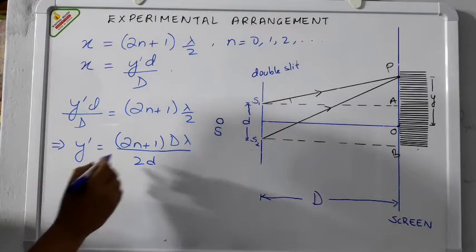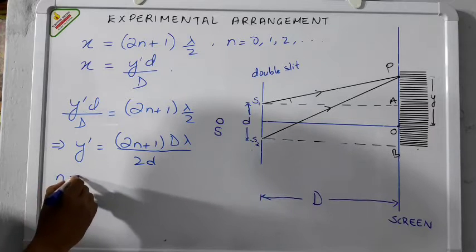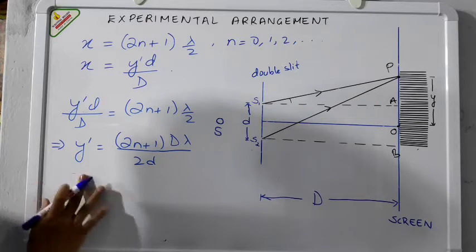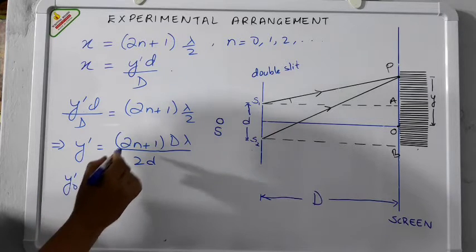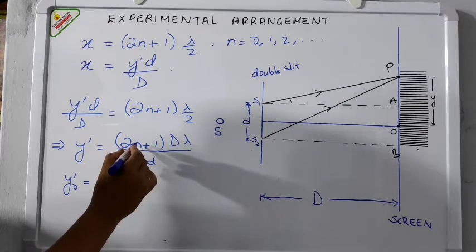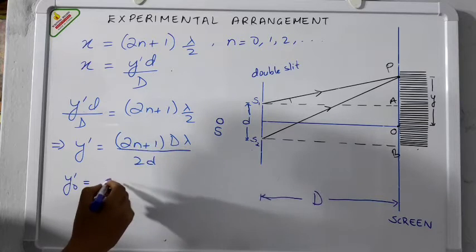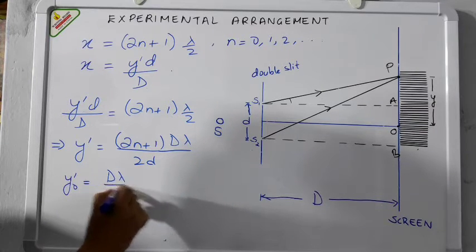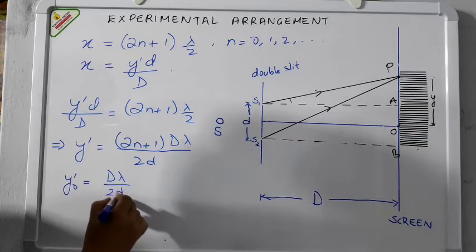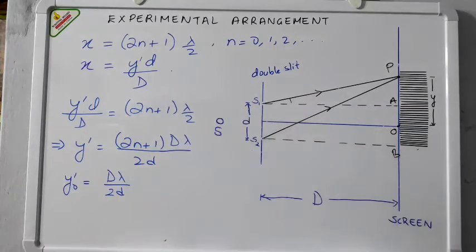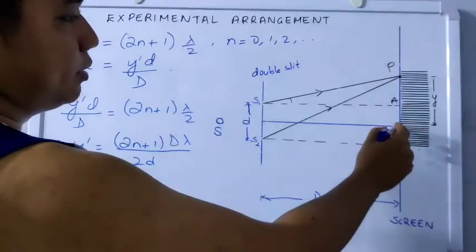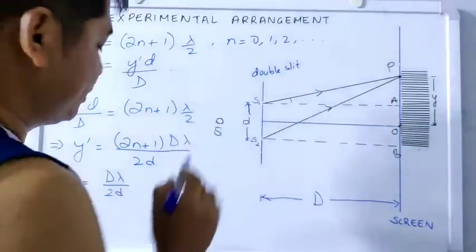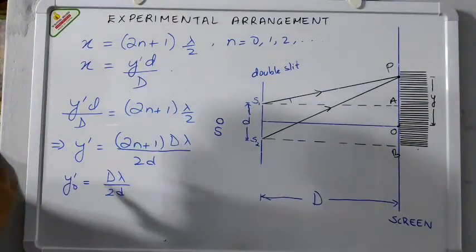If n is 0, it means y dash 0 will be (2 into 0 plus 1) D lambda by 2d, so it will be D lambda by 2d. The center is the bright fringe, so there is no central dark fringe.